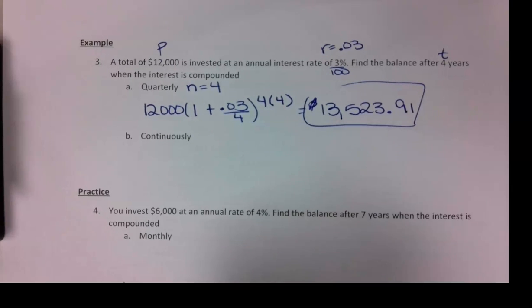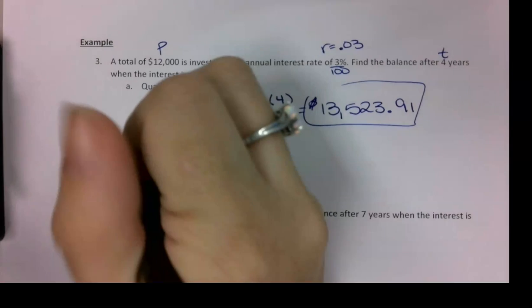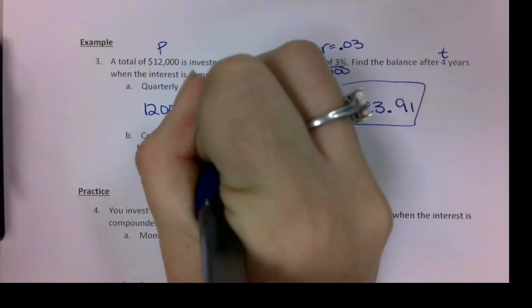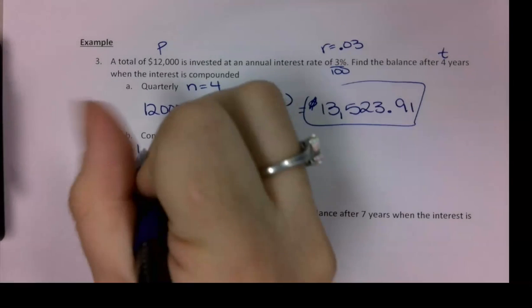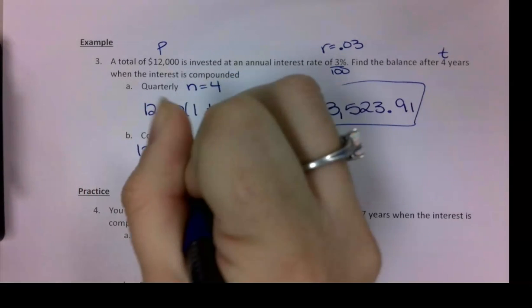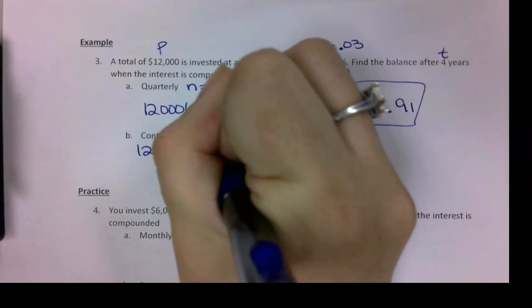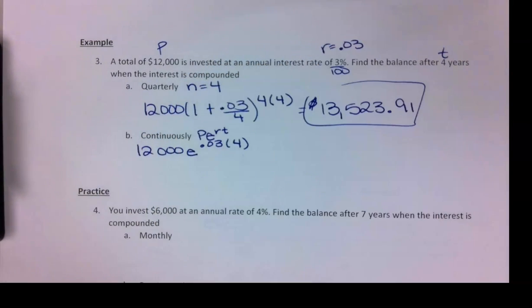Okay, so then the next one is continuously. So this is the keyword to use the e formula. So I'm going to have 12,000 again, but this time I'm going to have e to the R, my interest rate as a decimal, times my time, which is 4 years.